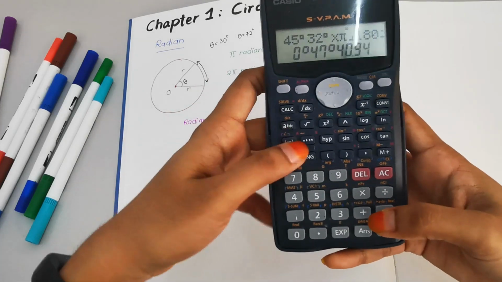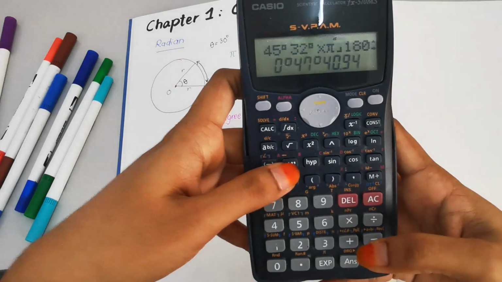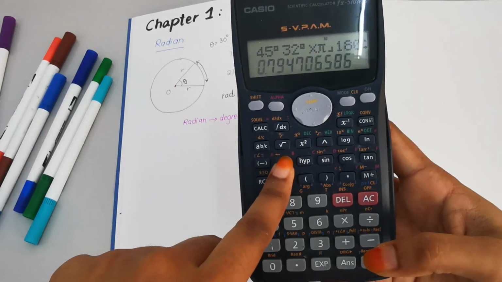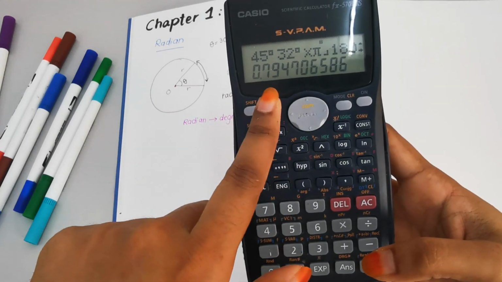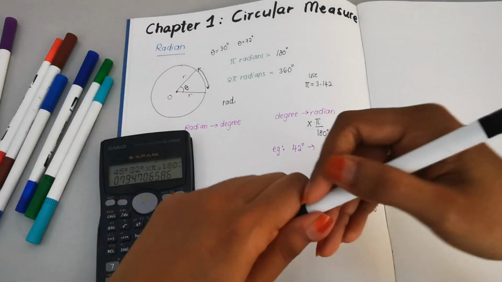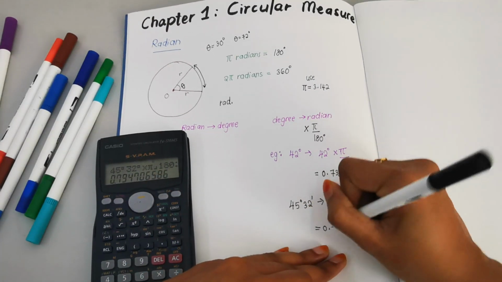So what do we get here? You just press the degree button and you will get it in radian, 0.795. So 0.795 radian.